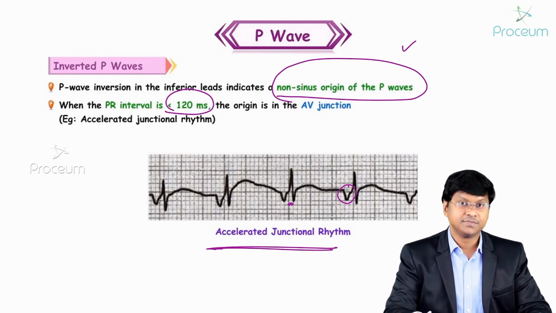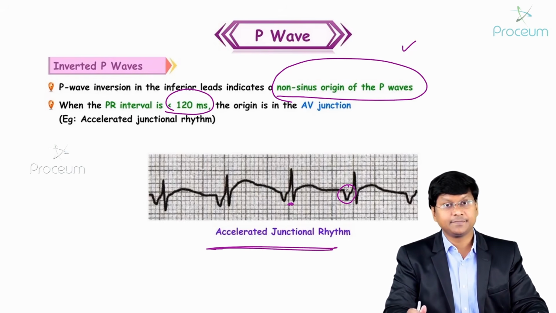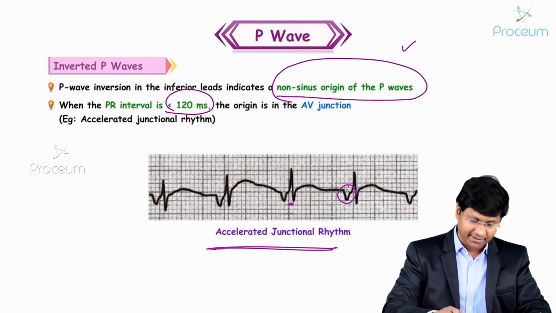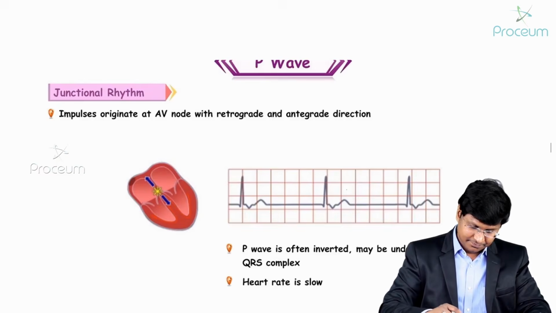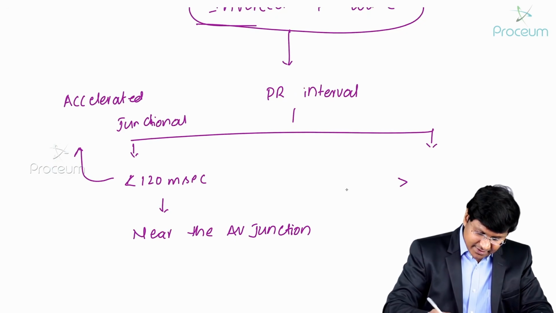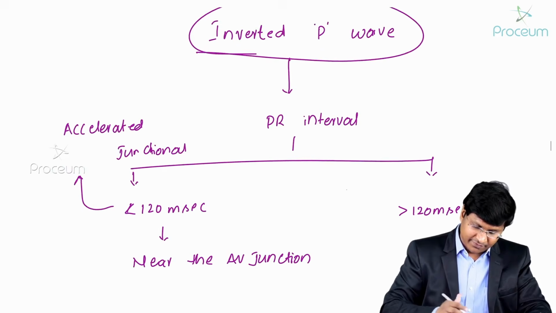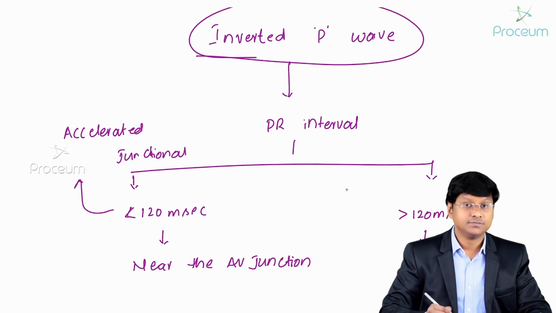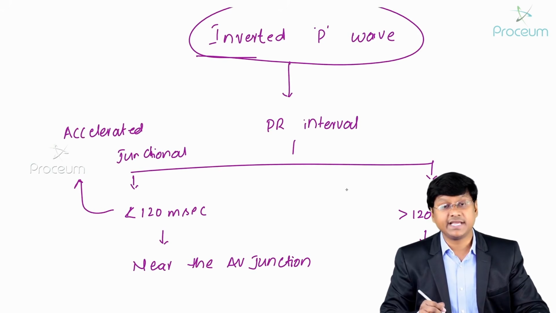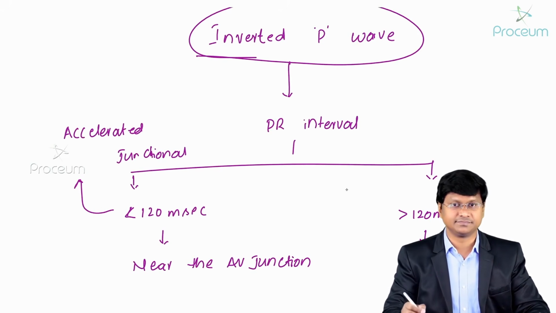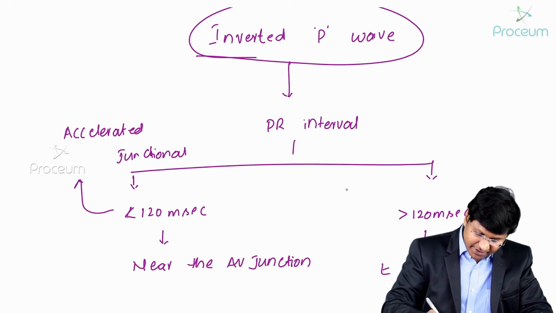Now, followed by that, if the PR interval is more than 120 milliseconds with an inverted P wave, then in such case, we call it ectopic atrial rhythm.